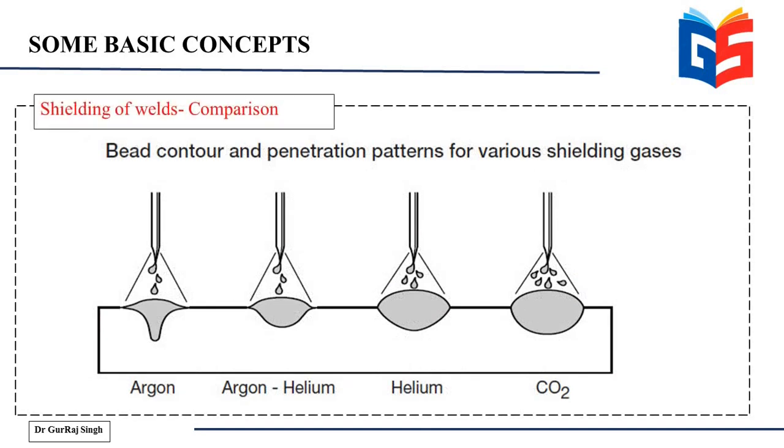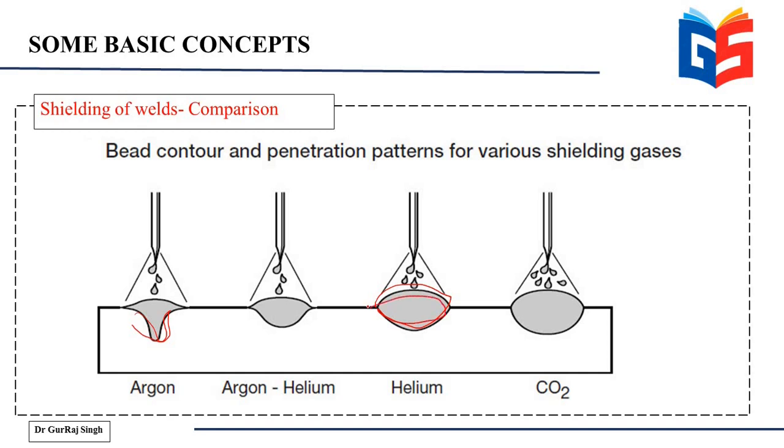So here you can see that the addition of various gases or the usage of some specific gases gives you a specific bead contour as well as penetration. So when you use argon, you have a narrower and deeper weld. So that's how argon causes the weld to be. And when you're using helium, it's a very broad and shallower weld.